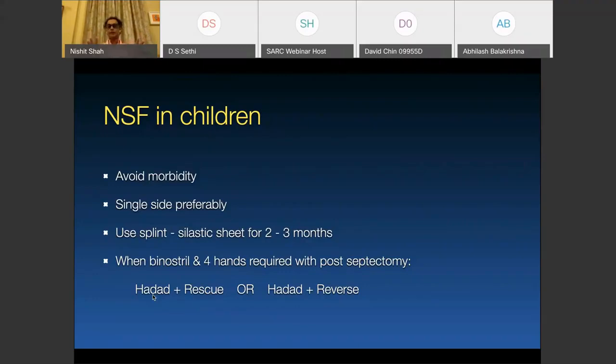If you're not comfortable with it, and I understand that sometimes you're more concerned about a vascular injury or manipulation of instruments, and you do want a full septectomy with a good view, then of course use the opposite side as a reverse flap. But try and keep it intact.